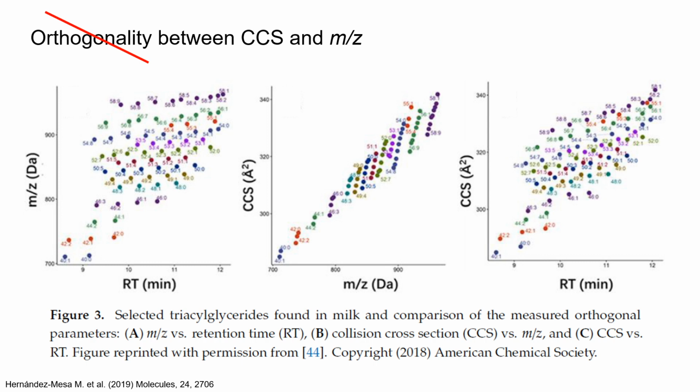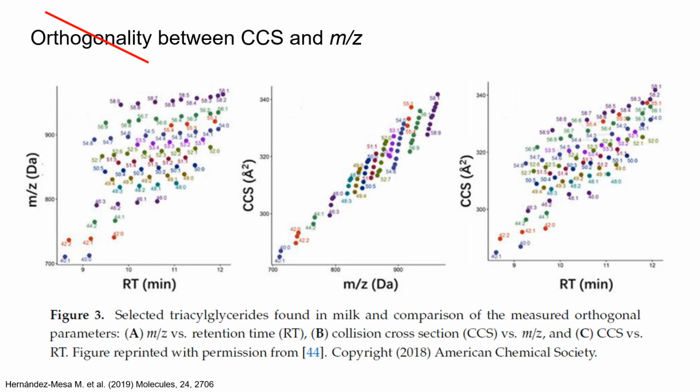So even though CCS and mass to charge are not perfectly orthogonal, the use of the CCS in addition to the mass to charge and the retention time is certainly advantageous. The retention time is also not perfectly orthogonal to the mass to charge. However, the retention time contributes to the total identification score in confirmatory methods.